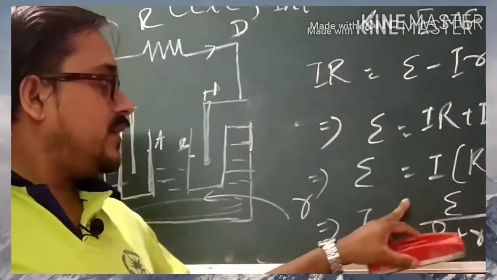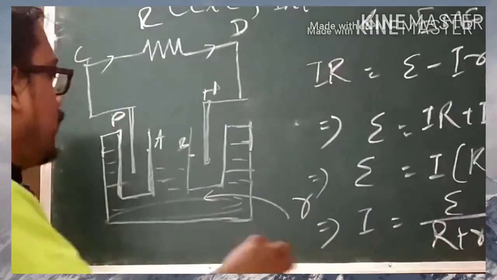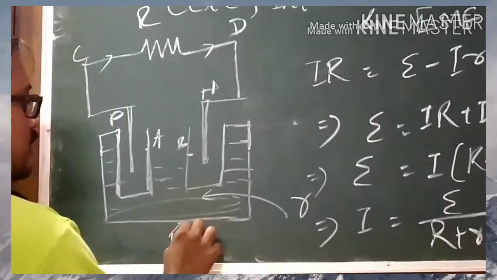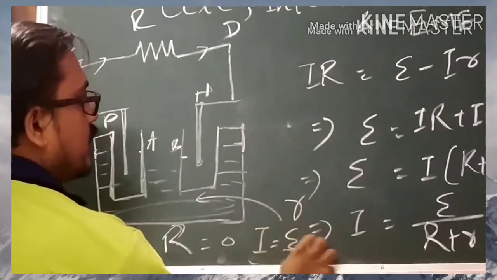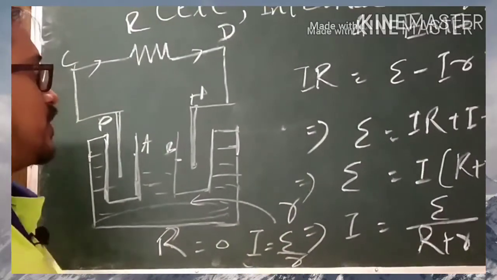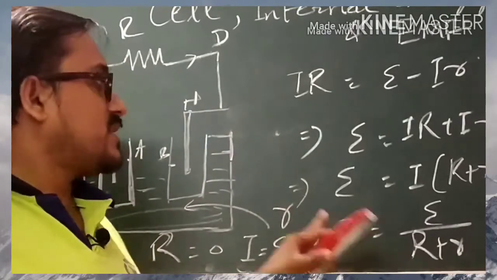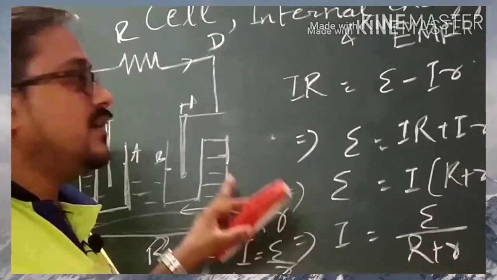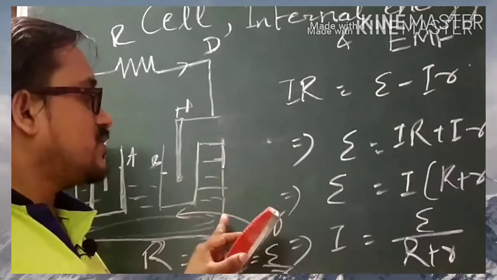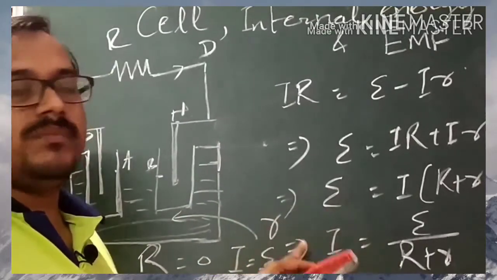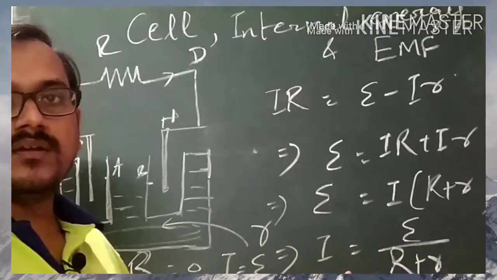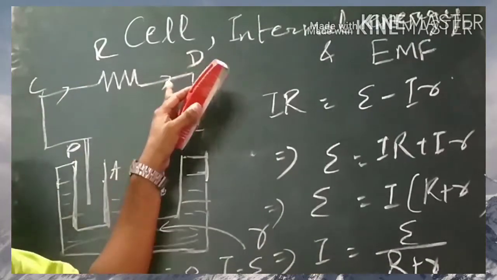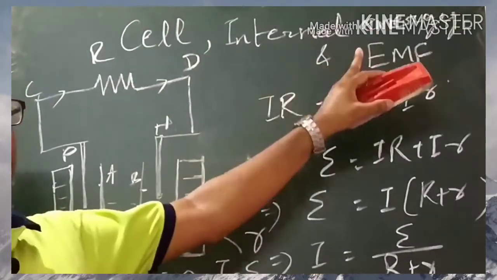So there will be maximum current when the value of R is equal to 0. Then I will be equal to E by r, and there is a maximum flow of current in the circuit. The maximum current will damage the electrolytic cell, so normally I maximum will be less than what we calculate by this formula. So this is all about the cell, internal resistance and EMF.